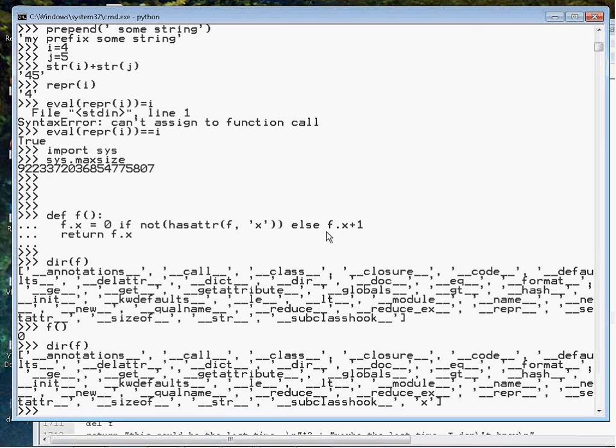Objects are containers that have a bunch of attributes, as there I have a particular attribute. So the statement says that X, the function, if the object F does not have an attribute X yet, it is 0, otherwise increment it and return the value.